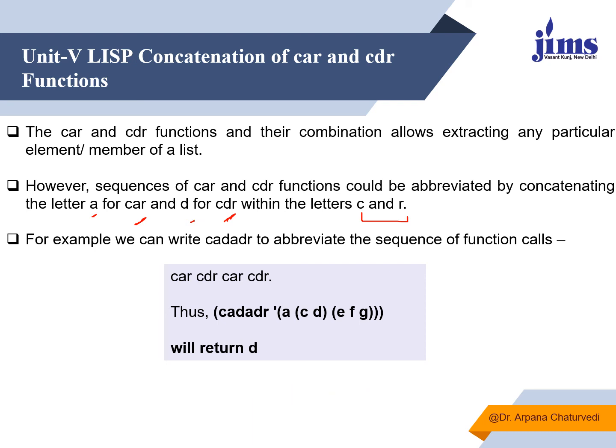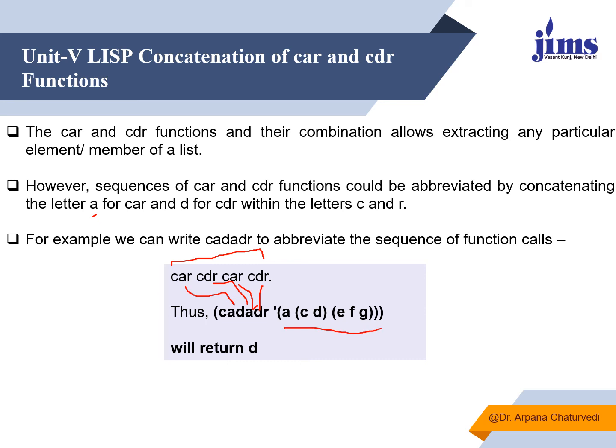So this is an example using which you will understand this well. I have to write car, CDR. So C and R will be fixed. Within C and R, first is A, then D, then A, then D. So first of all, this is the list.